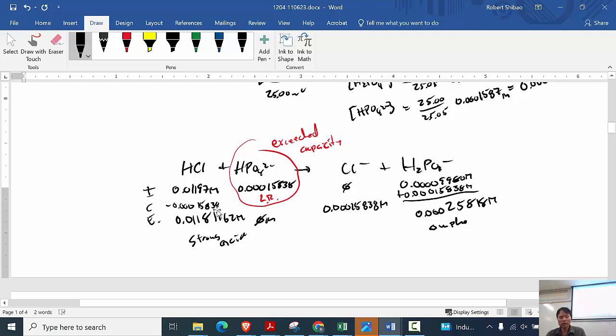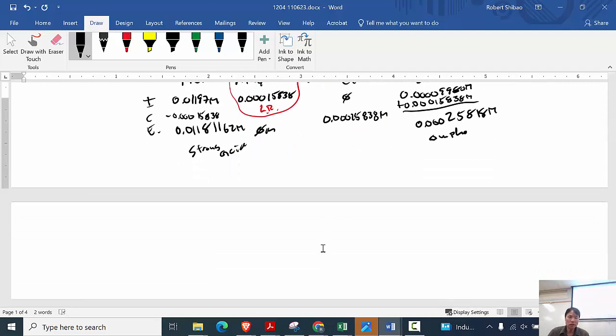And so we'll take the negative log of 0.011811162, and I get a pH of 1.927, pH of 1.93.